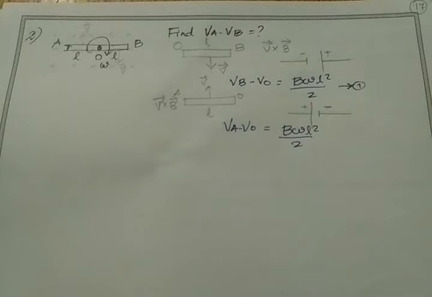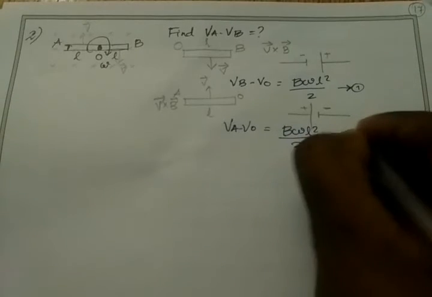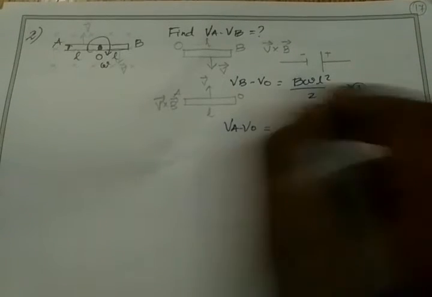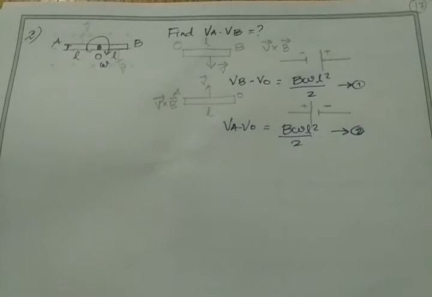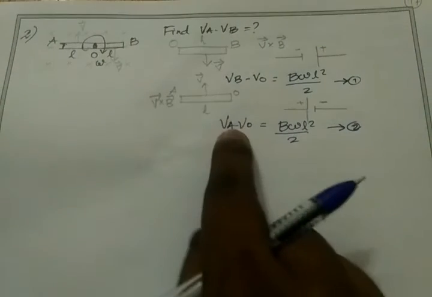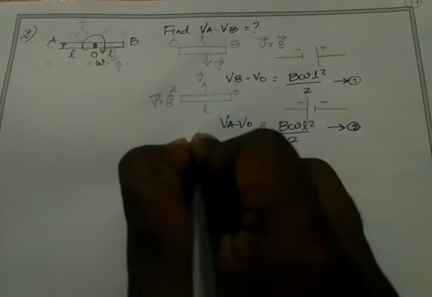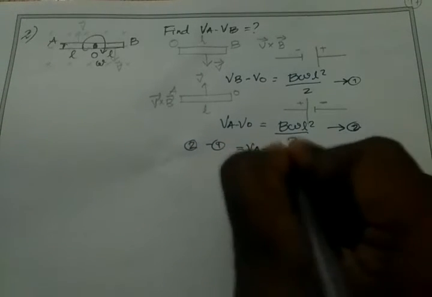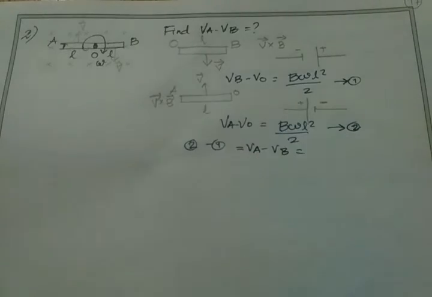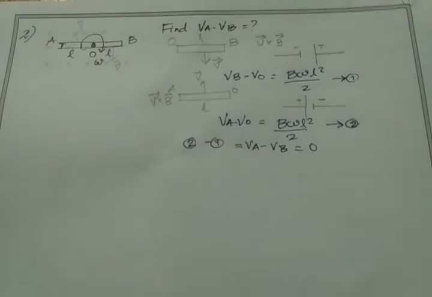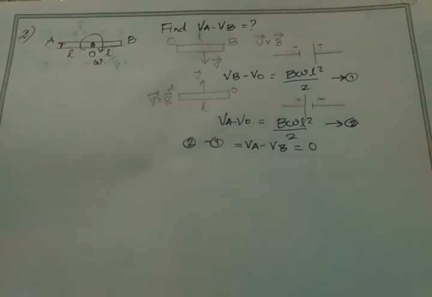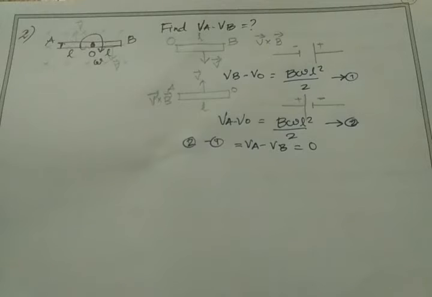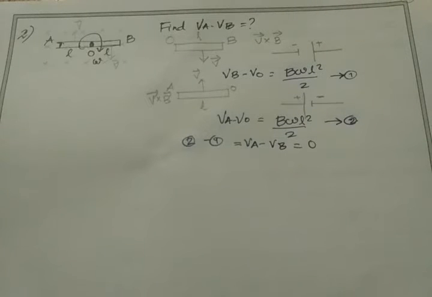Correct? So our purpose is to find the value of VA minus VB. So my equation 2 minus equation 1, then I get VA minus VB and the value will become 0, right? Same value. Both equation 1 and 2 have the same value. So our value will become 0.